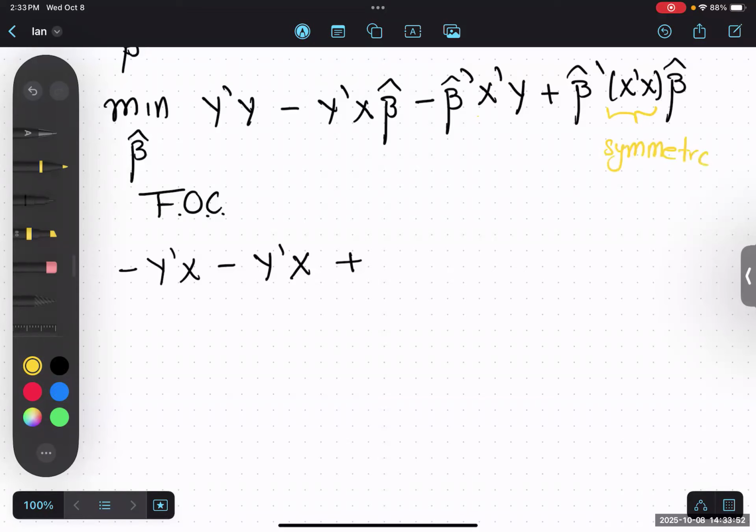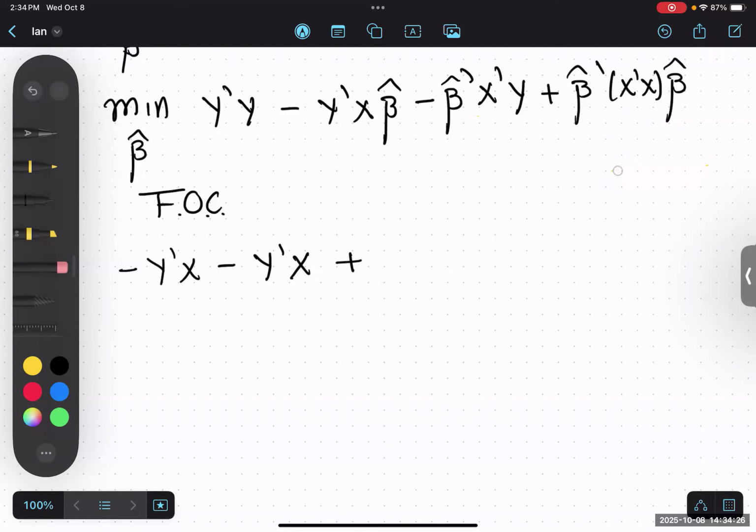If it wasn't, then the derivative would be beta hat transpose times the sum of x transpose x and x transpose x transpose. But you don't need that. I mean, officially, let's say that would be the derivative. But since x transpose x is a symmetric matrix, it's like if you had it twice.